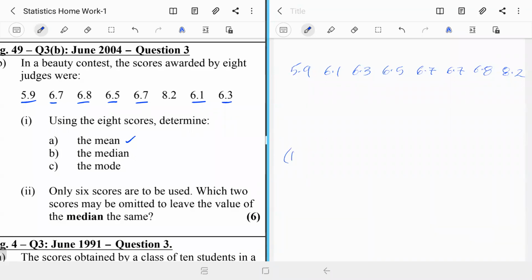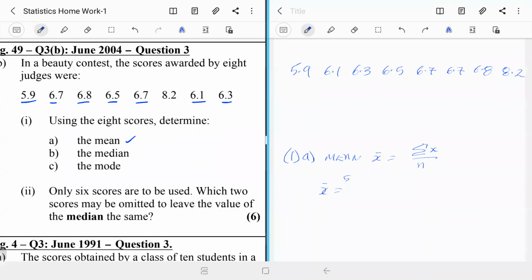So part 1A, I want the mean. And the mean is a mathematical average or the arithmetic average represented by X bar, which is the sum of the values divided by the number of values. So X bar will be equal to adding up all these values.